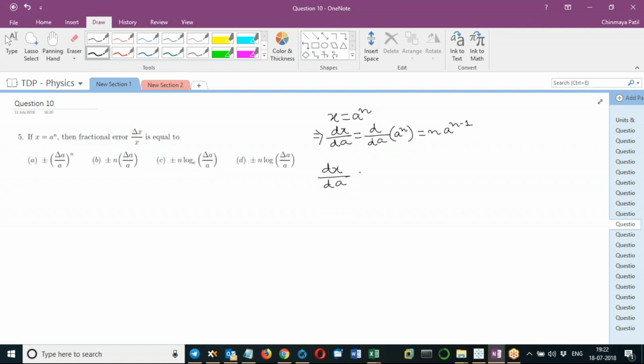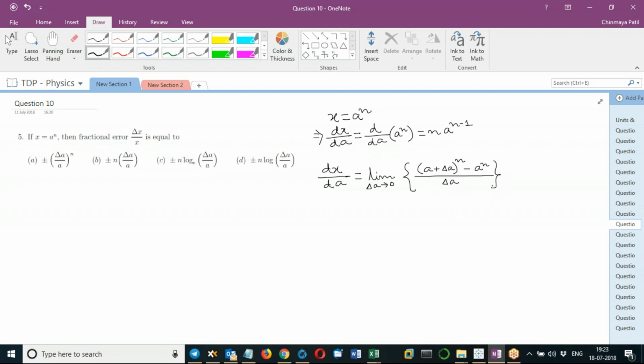It is the rate of change of x with respect to the rate of change of a, and that expressed in the concept of limit is, as delta a tends to 0, (a plus delta a) power n minus a power n, divided by delta a.